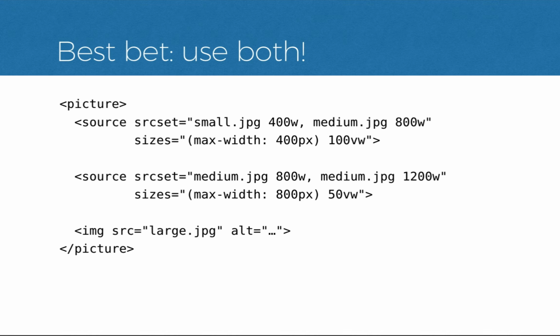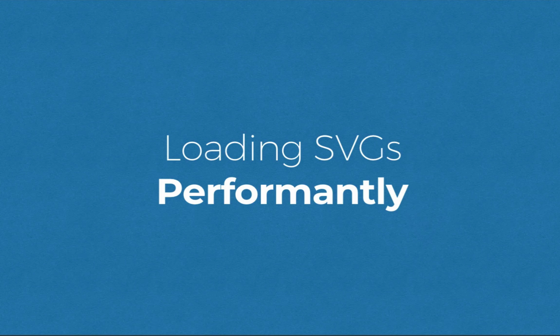And then at viewport sizes up to 800 pixels, we offer a couple larger sizes. And then if neither of those sources match, well, then we follow it up with our fallback image, which happens to be the largest size. So you can see how these play off each other in order of appearance, and you can stack them to get a desired result. This just protects the device from downloading something that's a little heavier than it could actually noticeably appreciate. So that's enough about your standard responsive images.